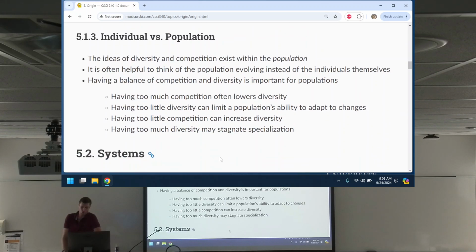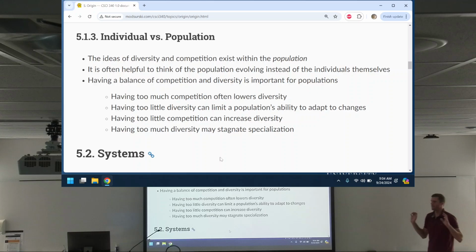Okay, so individual versus population. Obviously we are aware at the individual level when we're talking about candidate solutions. But it's important to think of individuals as being impacted by all these mechanics, and also to think of the populations, because the populations are evolving.